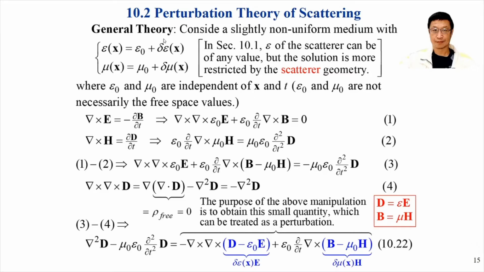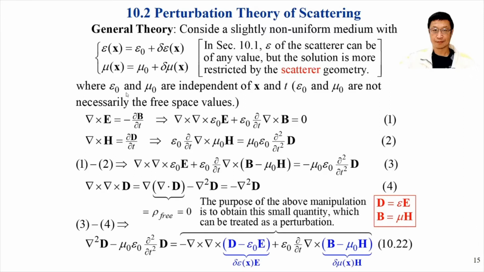Okay, so we call this one scatter, S-C-A-T-T-E-R, scatter plus E-R, scatterer. In section 10.1, epsilon of the scatterer can be of any value, but the solution is more restricted by the scatterer geometry. So this word is correct, scatterer.